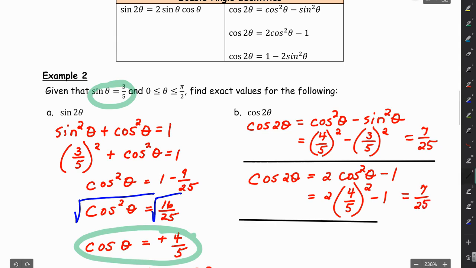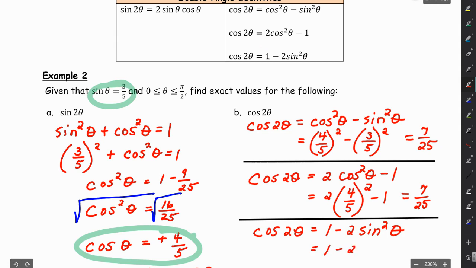You can put that in your calculator or do a little mental math. And then the last one we have to look at is 1 minus 2 sine squared theta. That's going to give us 1 minus 2 times 3/5 squared. If we solve that out, we're also going to get 7 over 25.